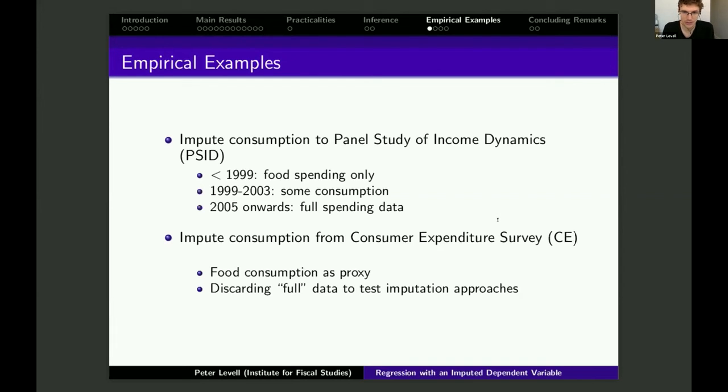The data source we're going to use to impute it is the Consumer Expenditure Survey. And we're going to use the fact that from 2005 onwards, we have full spending data to consider cases where we've imputed the dependent variable, where we're using the data from the PSID, and where we're using our rescaled regression prediction versus just a standard regression prediction.